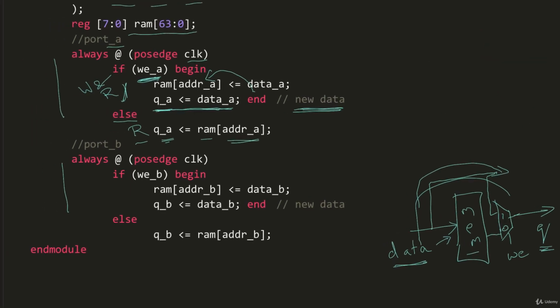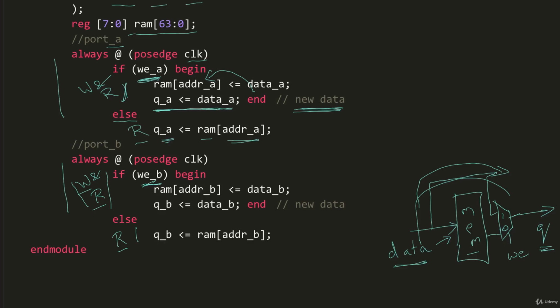So a similar thing is happening in port B also. So this is your write block, and you can also do an optional read, and this is your exclusive read block. So if your write enable is 0, then you do a read, and if your write enable is 1, then you do a write and an optional read also.